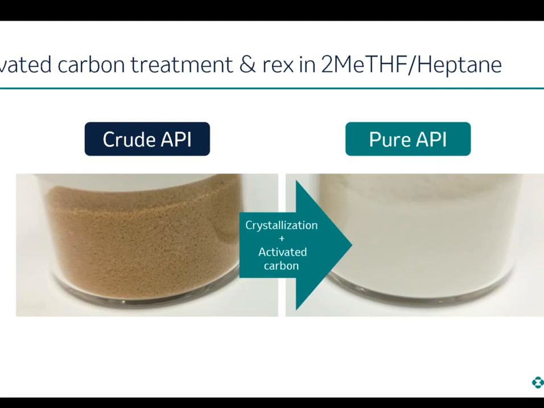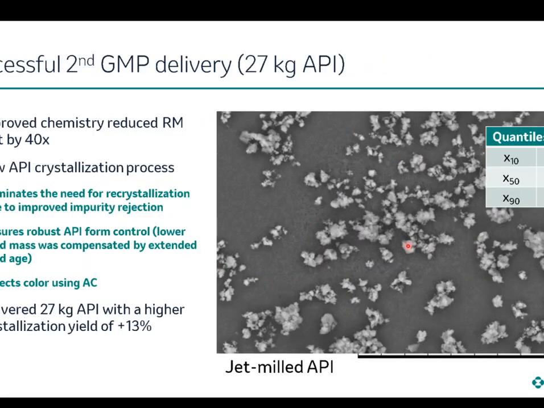So with all these issues solved, let's look at what happened during the second GMP delivery. So first of all, my chemistry colleagues haven't been lazy. They've improved the process as well, and reduced raw material cost by a factor of 40, which was very good to see, since there's a 27 kick, and also for future upcoming deliveries, there's a clear cost advantage.